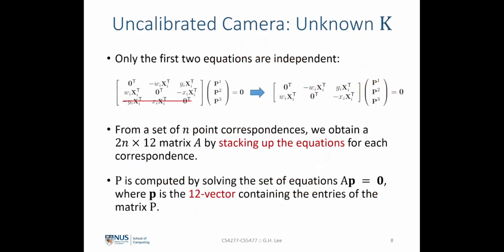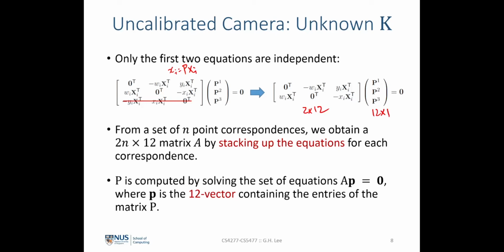And similar to the homography case, we see that we have three equations here from our camera projection equation, as shown here. Only two of them are linearly independent. What this means is that we can simply remove the third equation over here and end up with a 2 by 12 matrix, multiplying a 12 by 1 vector that will always give us 0.